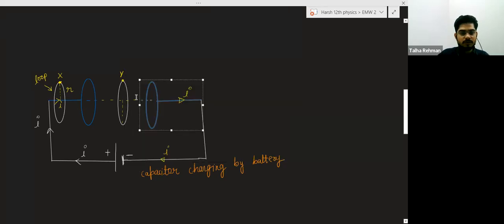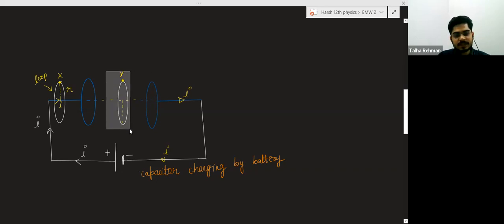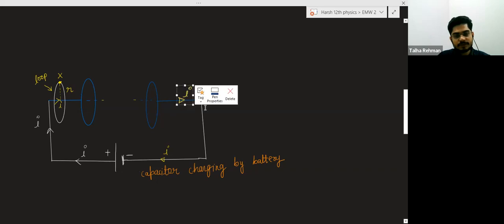This blue color plate is a plate of the capacitor, and right now this capacitor is in the charging condition.